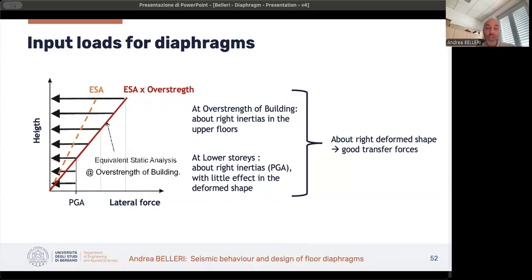At the lower stories, the PGA value will more likely represent the inertial loads, and this was also observed in the test carried out in San Diego. So with these forces, we will end up with the right deformed shape, and so with good transfer forces.